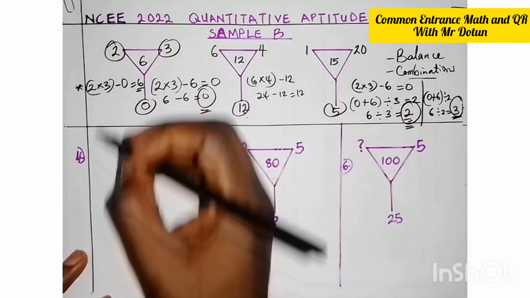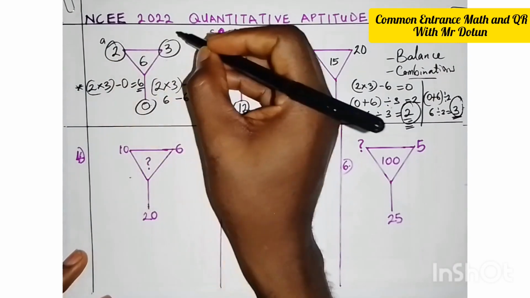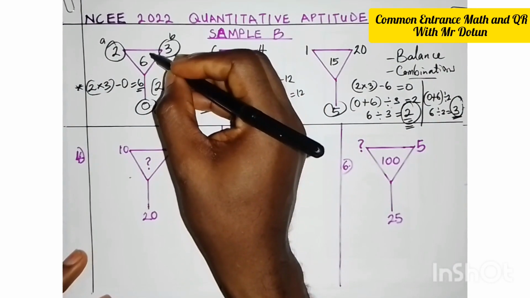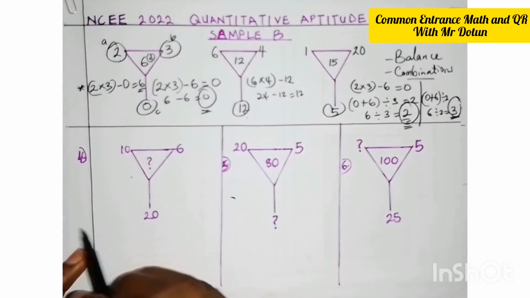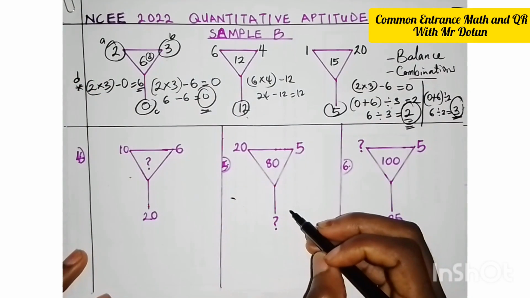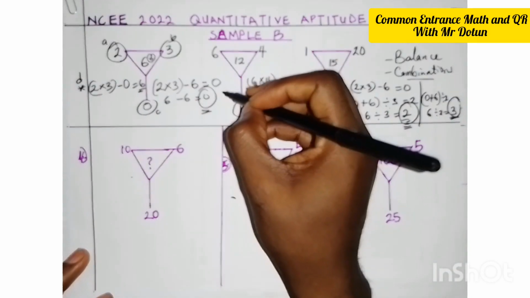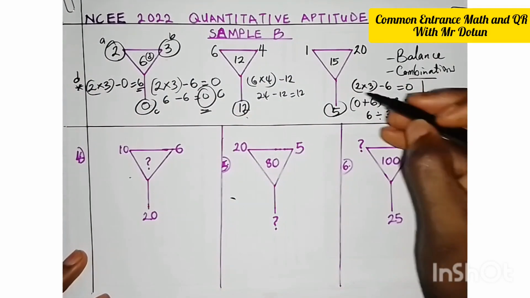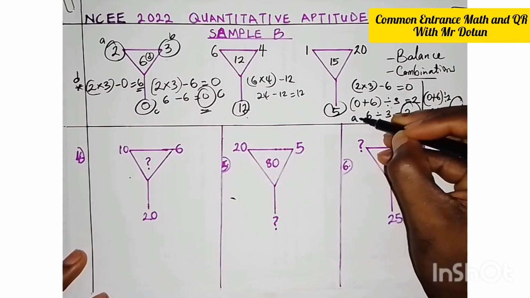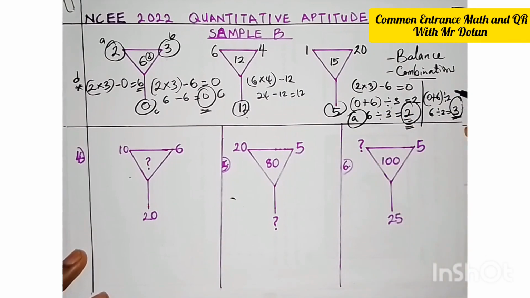So if I call this A, B, C, and D, so this will be D, and this will be C. Where is A? This is A, and this is B. Okay?